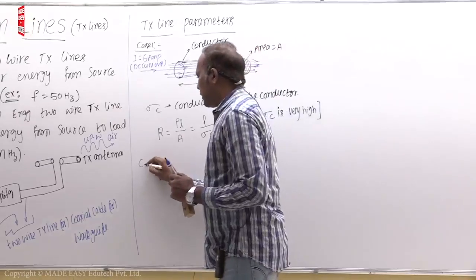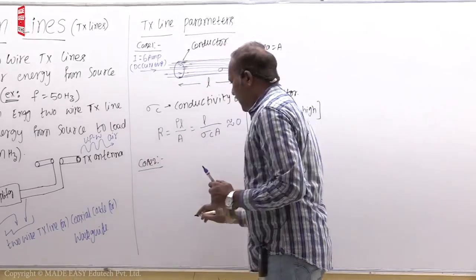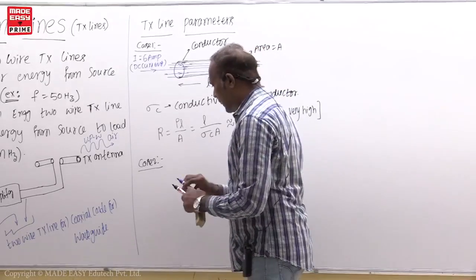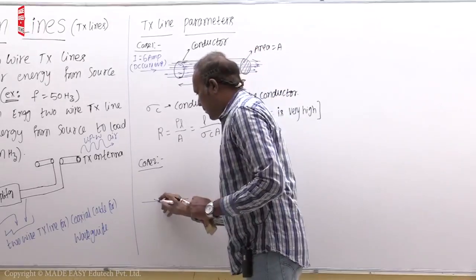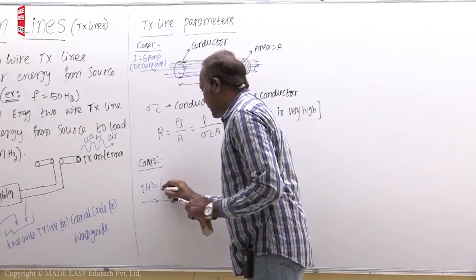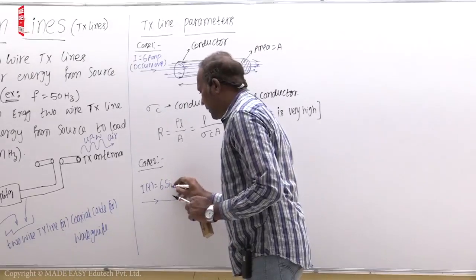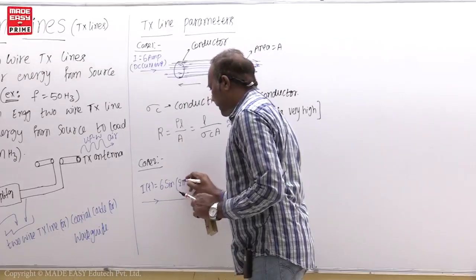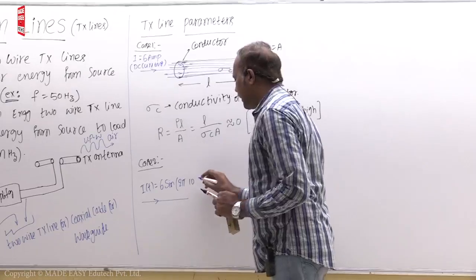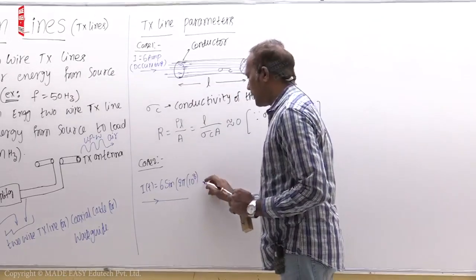Now case 2, students. Here let us send I of t is equal to 6 sine, or cos, any signal. So omega is 2 pi f. Let us send frequency 10 to the power 8, so 2 pi f t.